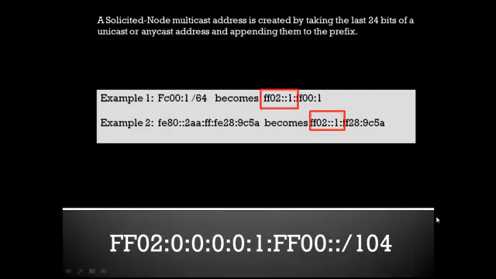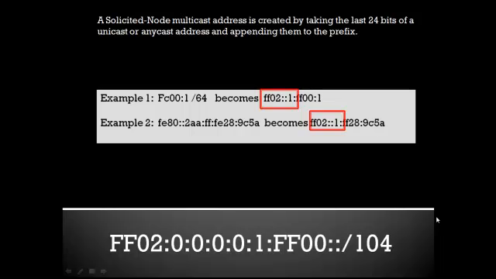Any node must join the multicast group corresponding to each of its unicast and anycast addresses. The solicited node address is composed of the following, and that's the FF02 address you see at the bottom. This prefix is concatenated with the rightmost 24 bits of the corresponding unicast or anycast address. As you can see, I have 2 examples.